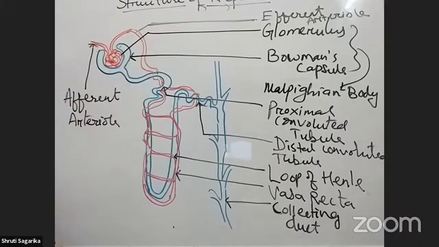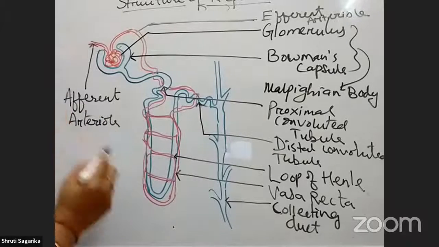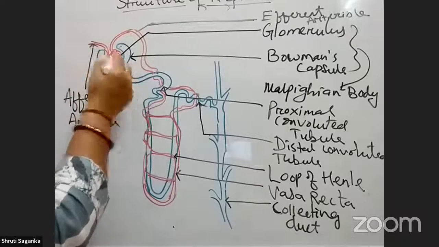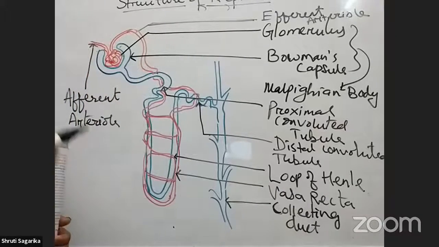Is it clear? So the glomerulus is held inside a cup-shaped structure called the Bowman's capsule. Clear? Okay. So let us go into the details of the structures of the nephron.